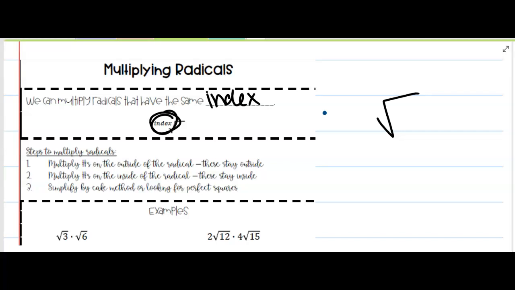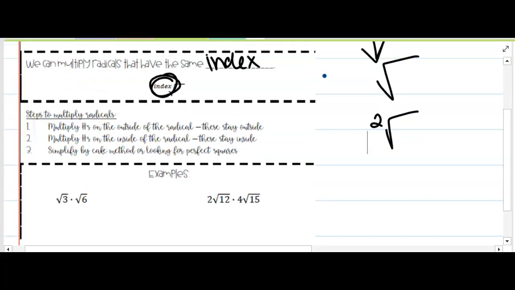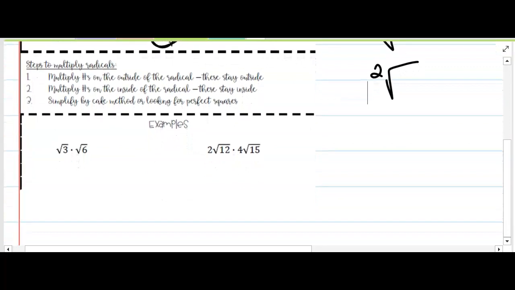Now, with all of the radicals that we talked about yesterday, there wasn't a number there. With a radical, if there's not a number there, it defaults to a 2. Fortunately for this year, we're only going to deal with square roots, so radicals that have an index of 2. But later on in your algebra careers, you will find that we have cube roots and fourth roots and so on.